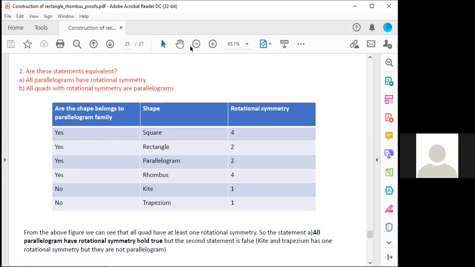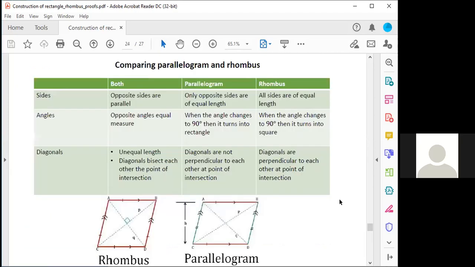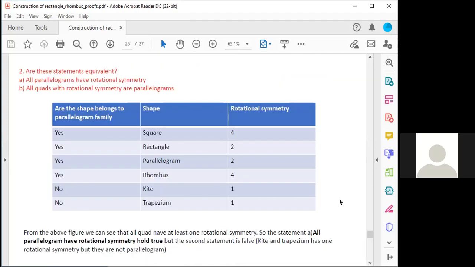Now, this one, we just have 1 minute left, so I'm not going to get into this one today. We are going to discuss it tomorrow, in the next week. But think about these things. When you are talking about rotational symmetry and you put a 4, that means the order of rotational symmetry. Now, the minimum order has to be 2.